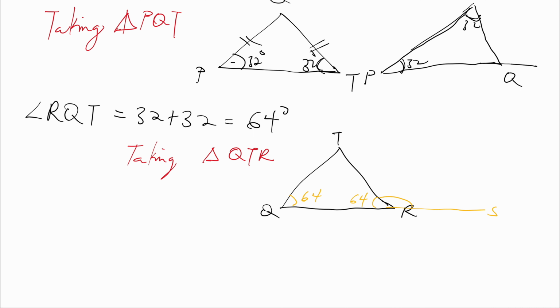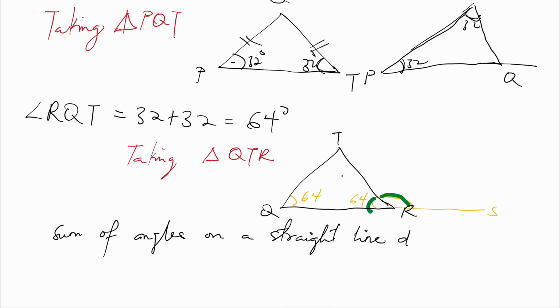So we need this angle. Now we know that the sum of this angle and this angle should be 180. So we see that the sum of angles on a straight line adds up to 180 degrees.